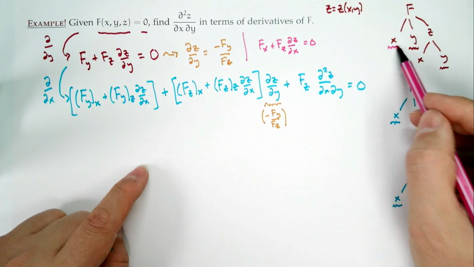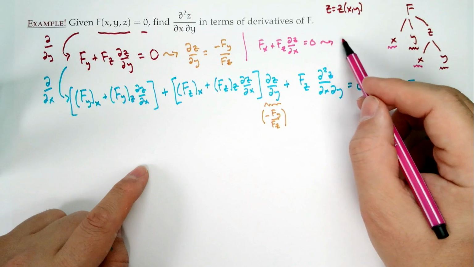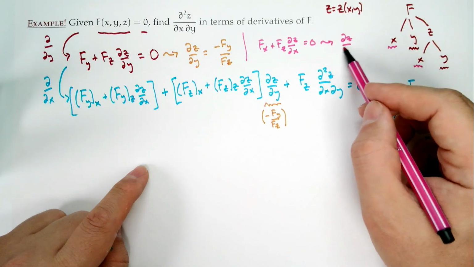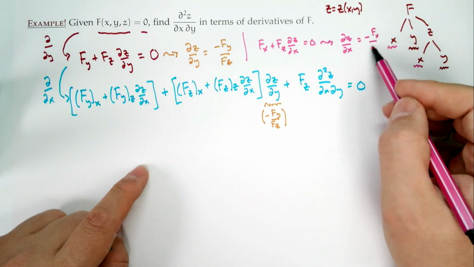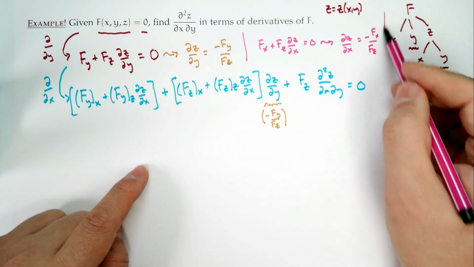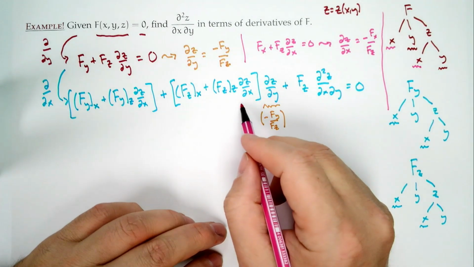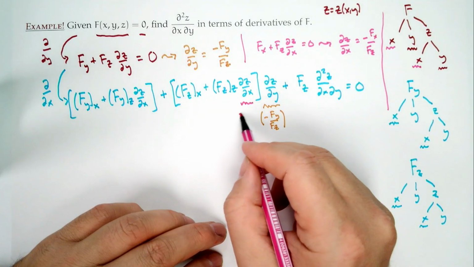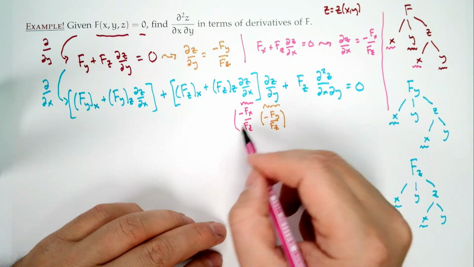So I'm taking the derivative now with respect to x, which tells us that partial z partial x is negative f sub x over f sub z. All right. Well, so that says this term, that's negative f sub x over f sub z.